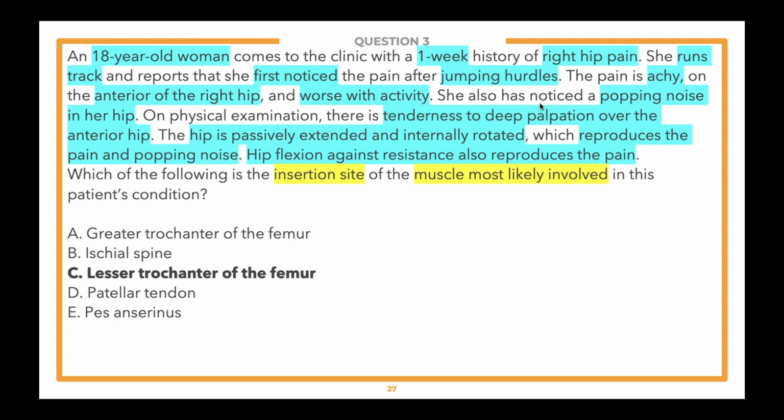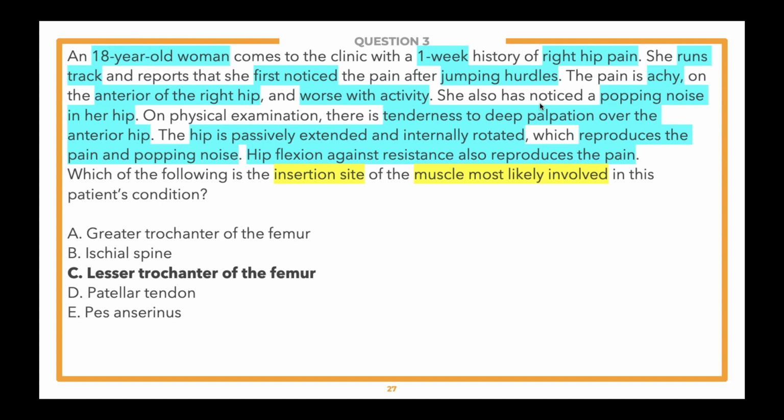That's common in those patients. And a lot of times, pain or a popping noise is reproduced when you extend and internally rotate the hip, like they told us in this question.